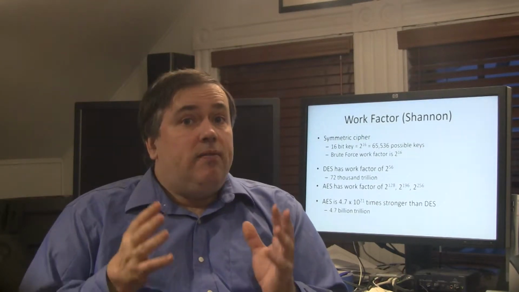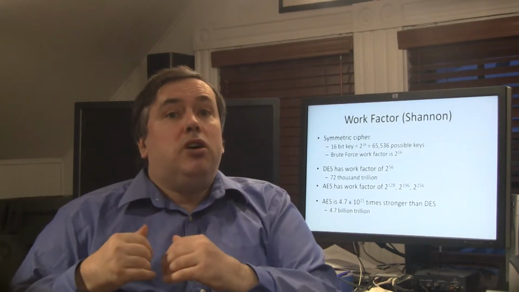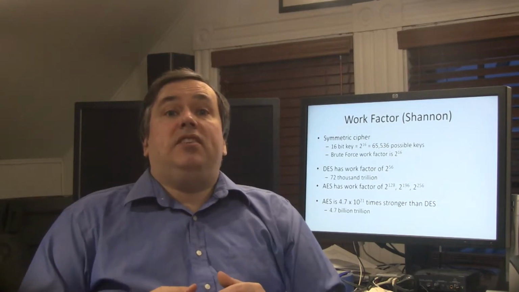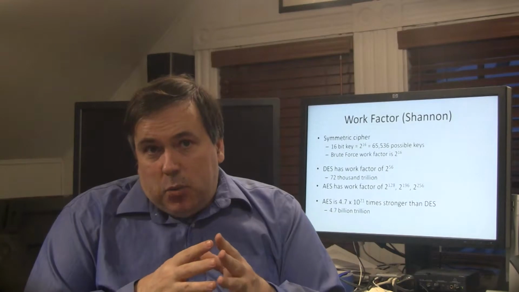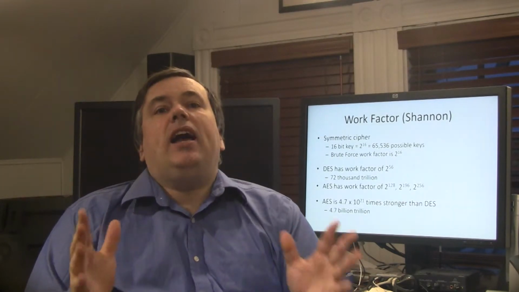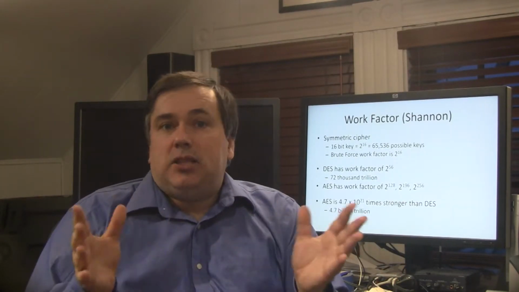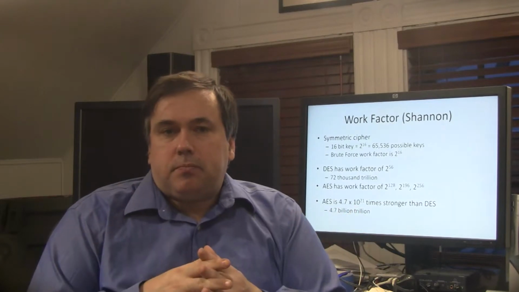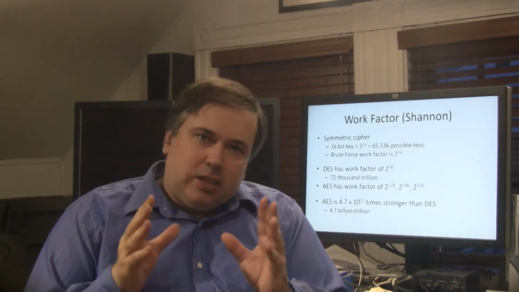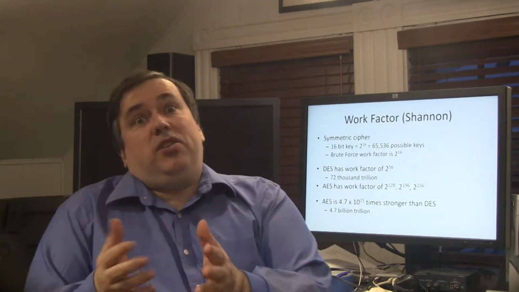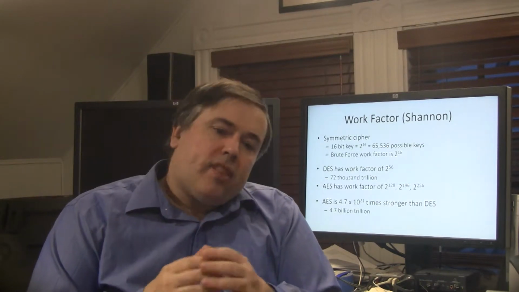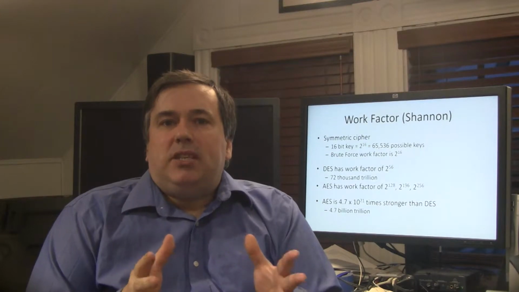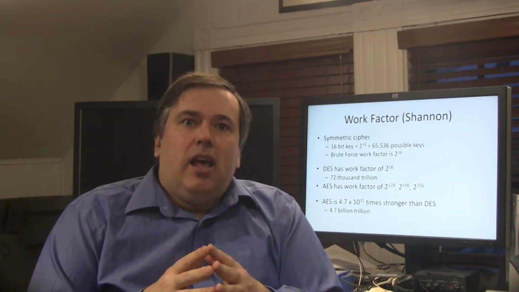DES has 56-bit keys, so the brute force work factor is 2 to the power 56, which is 72,000 trillion, which sounded like an awfully high number in the 1970s when DES was first proposed. Turned out to be a rather smaller number by the 2000s when DES was broken in a few hours using a specially designed machine at the RSA conference.